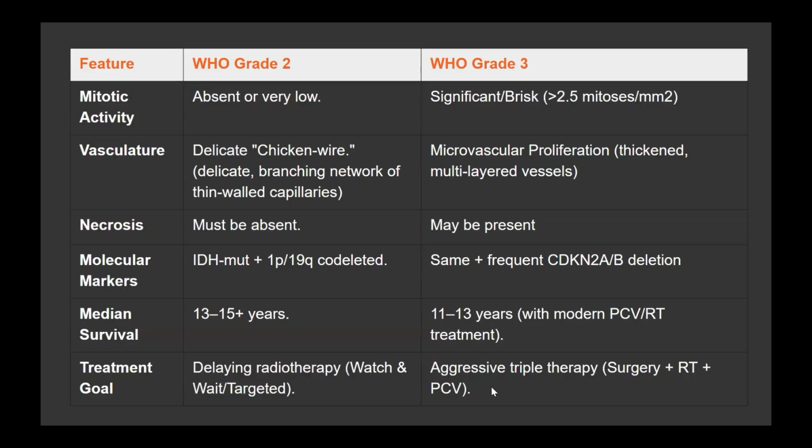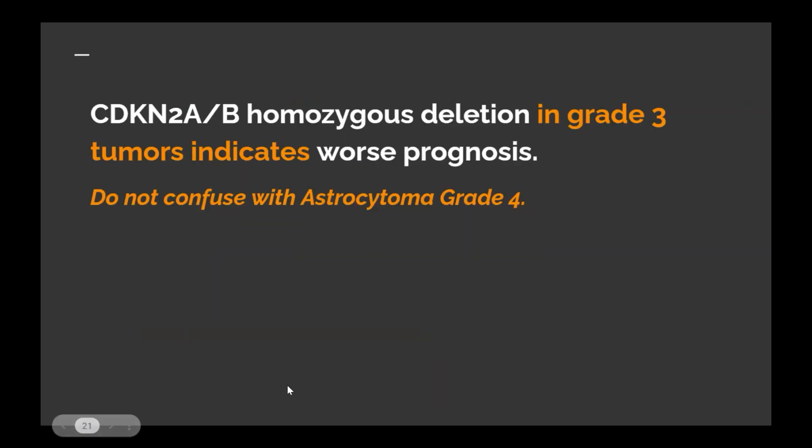And we have to go for aggressive triple therapy in grade 3, and for grade 2 we can delay the radiotherapy and go for a wait and watch method. So as I said, CDKN2A and CDKN2B homozygous deletion in grade 3 tumors indicates worse prognosis. Do not confuse this with grade 4 astrocytoma.